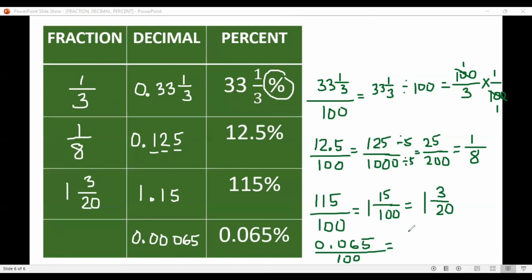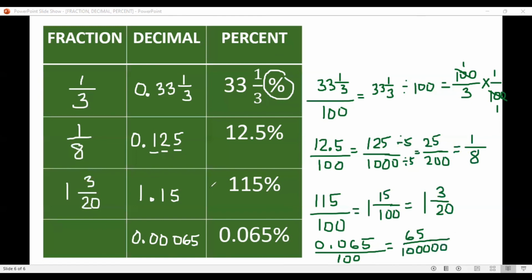Which simply means that you will be having 65. Okay, we have to multiply by 1,000, and multiplying now 100 by 1,000, 100 has 2 zeros, 1,000 has 3 zeros. Therefore, that will result already to 100,000. Okay, because there are 5 zeros that are already involved.